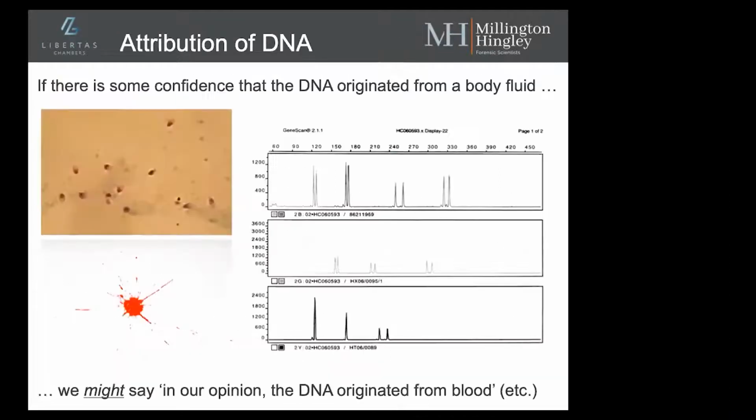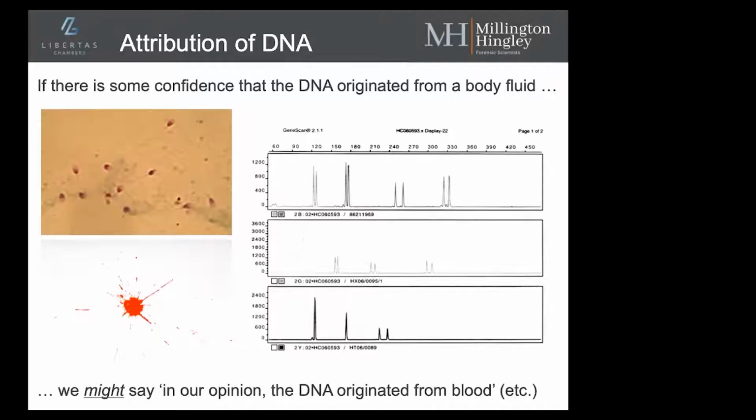So what is attribution? You probably know this, but attribution of DNA is where we have some confidence that the DNA came from, or originated from, the thing that we found: the blood, the semen, the saliva. In these cases, we need a good representation of DNA within the result in order to link that part of the result back to the source body fluid.